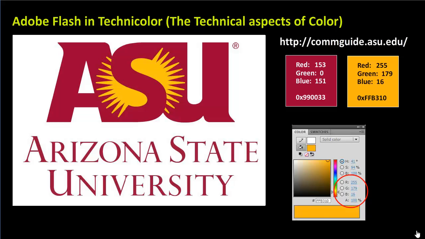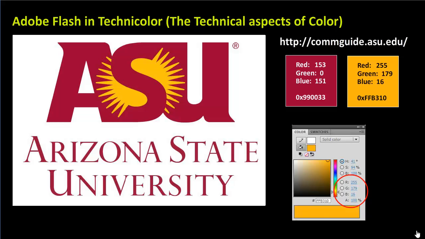Now when you're working with clients who spend a lot of money doing branding, they have specific colors that they would use. When we think about Arizona State University nearby, we know that their colors are maroon and gold. And so you might be asked to design something for them, and you would choose a maroon and gold. But you don't want to choose just any maroon or any gold.